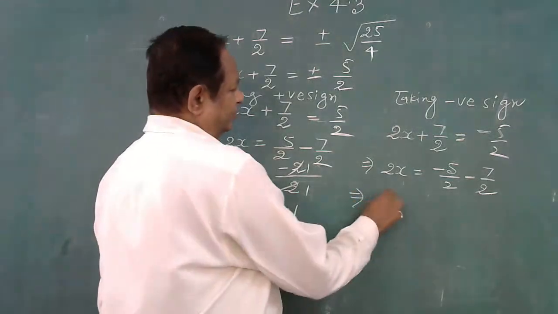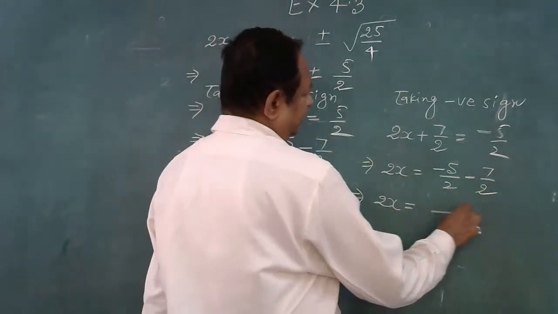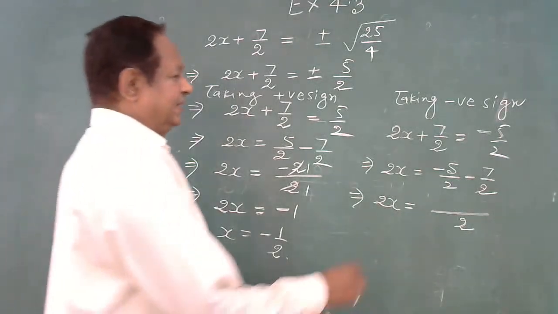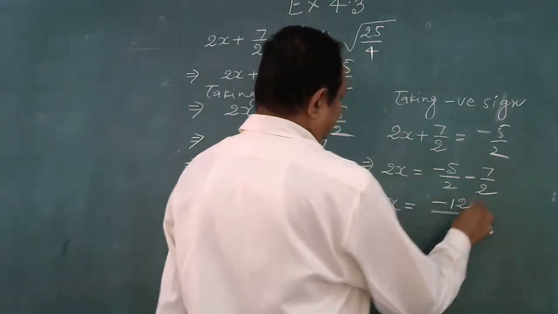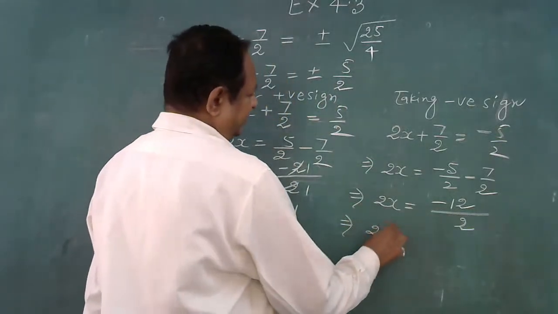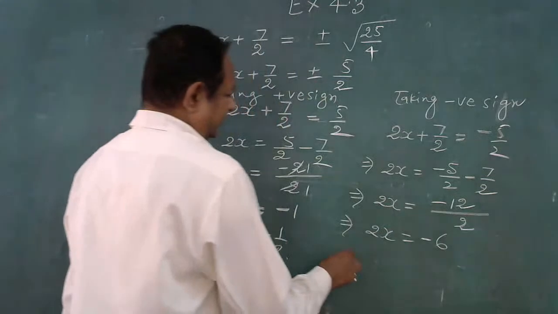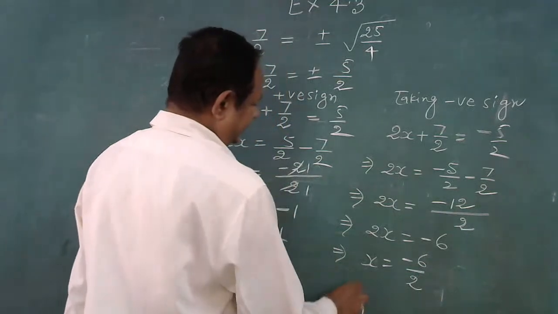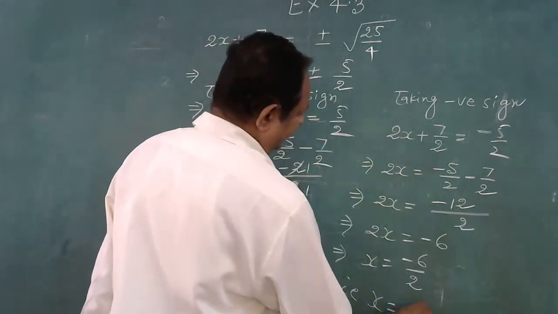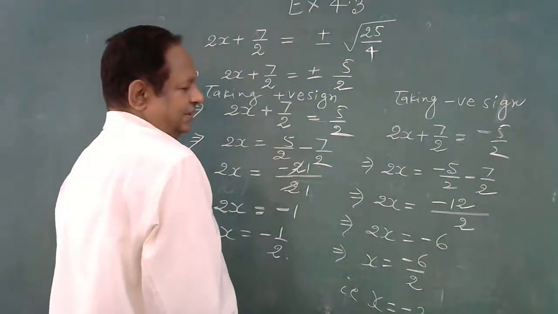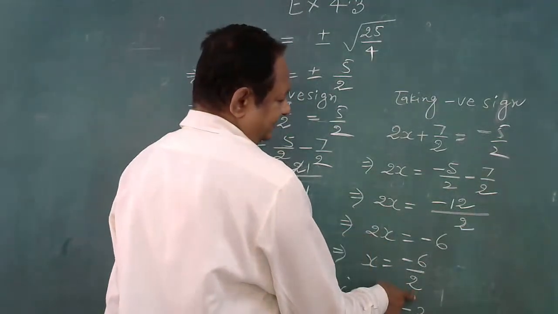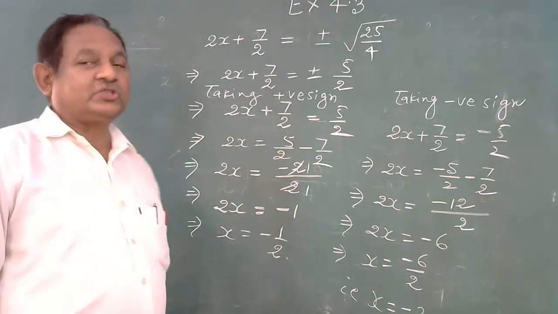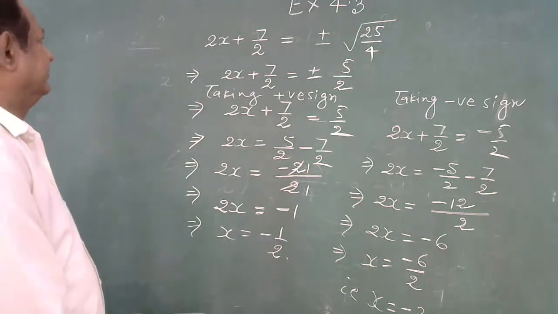This implies that 2x is equal to, LCM 2, minus 5 minus 7, minus 12 by 2. This implies that 2x is equal to minus 6. This implies x is equal to minus 6 by 2, that is, x is equal to minus 3. So the coefficient of x is divided. So these are the roots of the given equation.